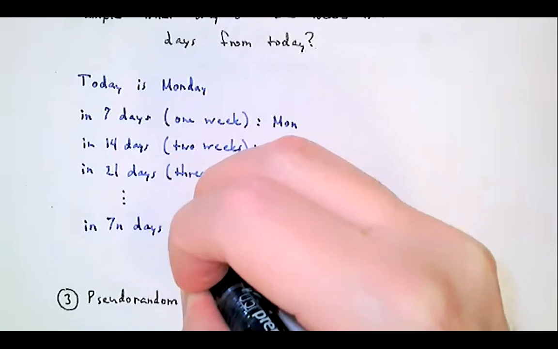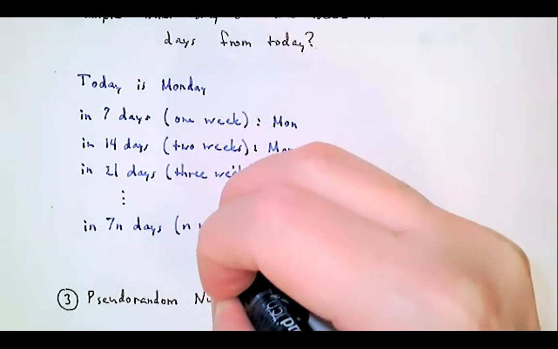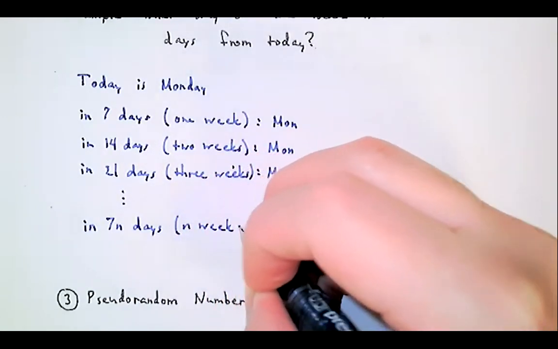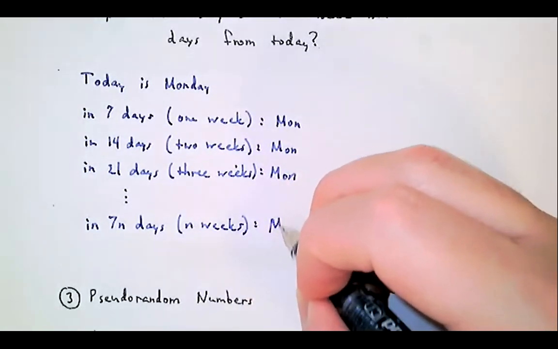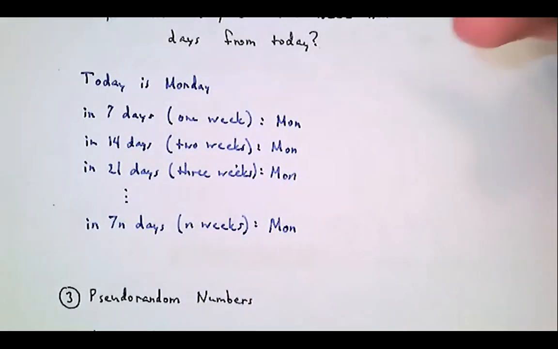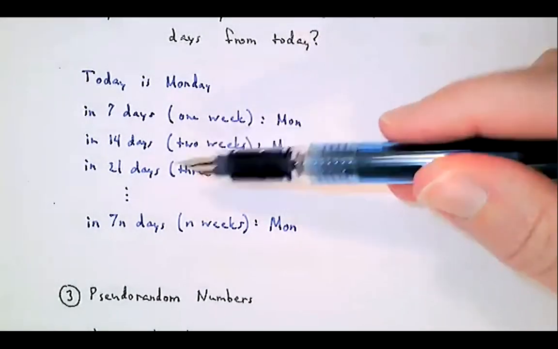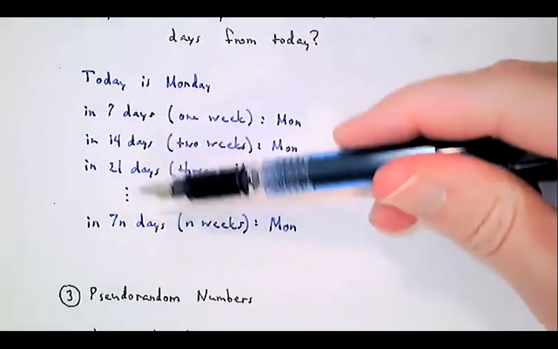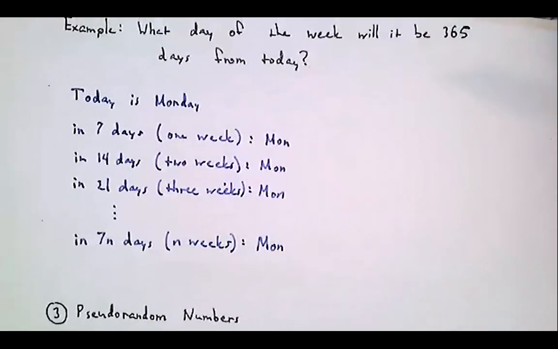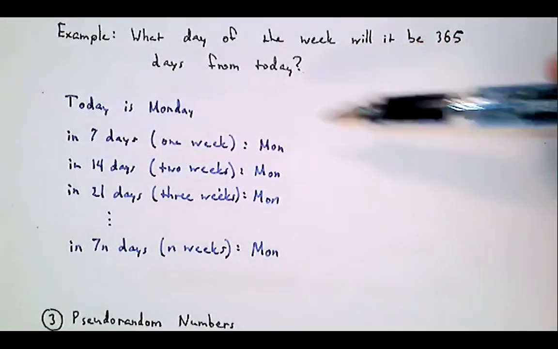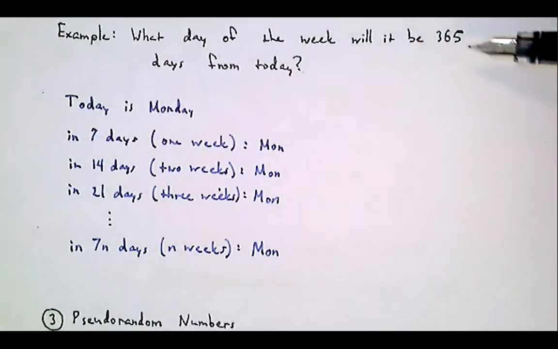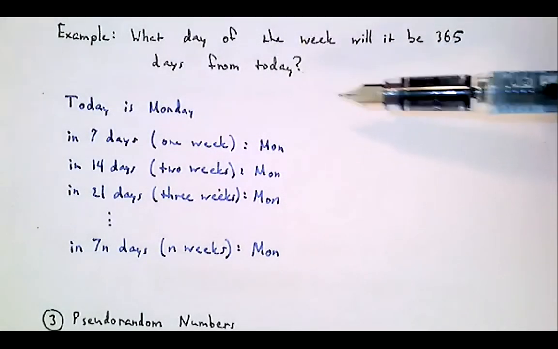That would be in weeks. So what we can do is subtract as many weeks as we can from 365, because we know when we go forward 7 days, the weekday won't change.